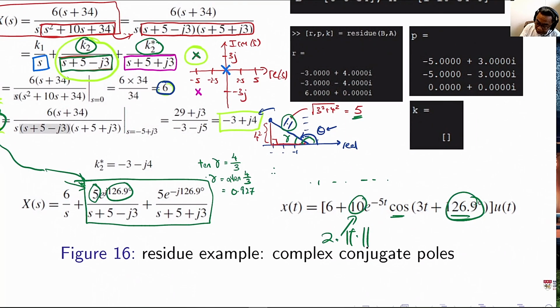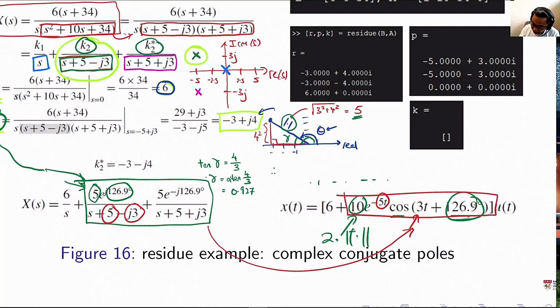What about the other 2 interesting numbers? 5 and j3. 5 is put here as e to the minus 5t, and j3 is put here, 3t, the frequency of the cosine. Please learn this, and in another tutorial or other lectures I will derive why this is so. But here just recognize that this is how we put our terms into the expression here.